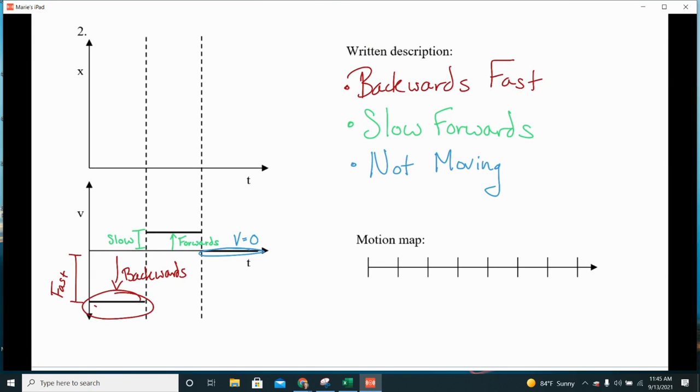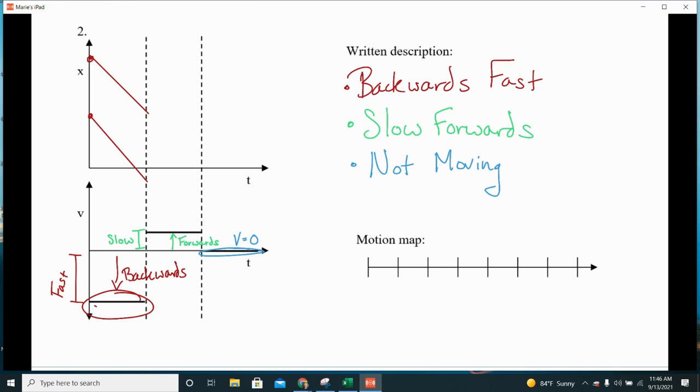So I'm going to look at this and go, well, first thing I do is go backwards fast. So I want to make sure I have space to go backwards fast. So I'm going to start up here, or I could start here. It doesn't matter. Regardless of what I pick, I need to have a steep negative slope. Then during the second part, I have a positive velocity, but it's not very big.